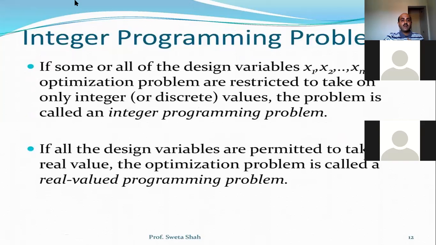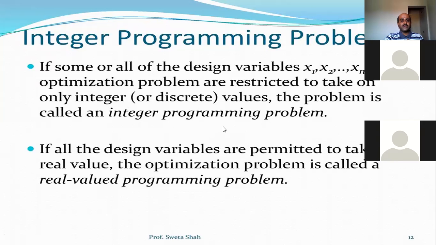Next come integer programming problems. If some of the design variables of an optimization problem are restricted to take integer values, the problem is called an integer programming problem. If they are permitted to take any real value, it is said to be a real-valued programming problem.